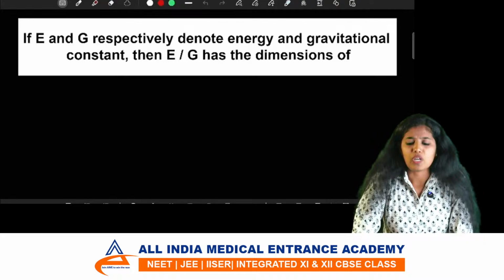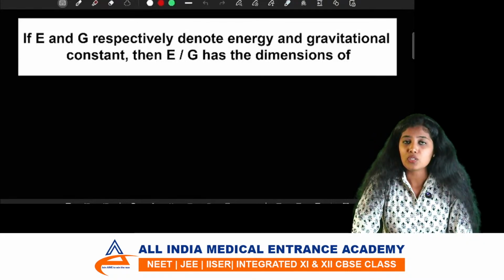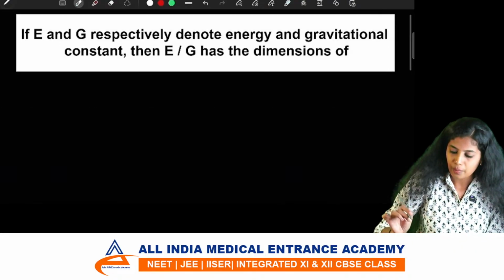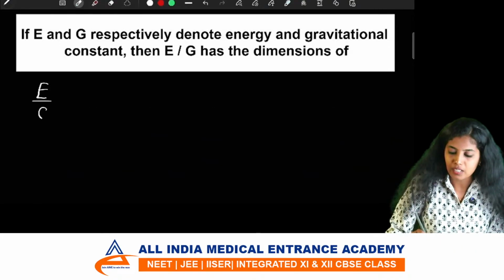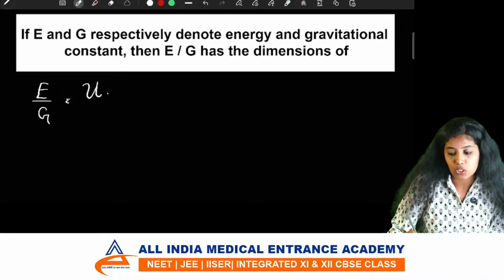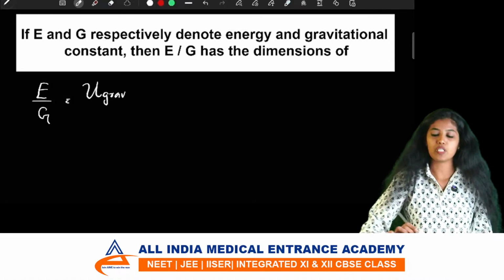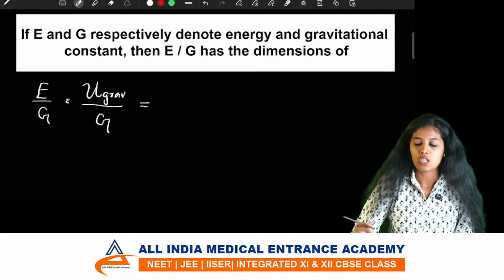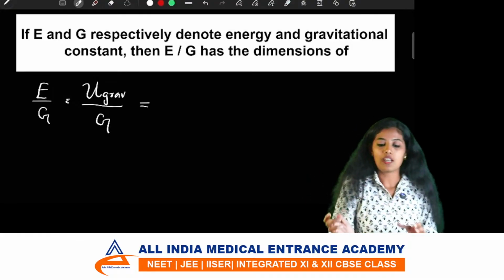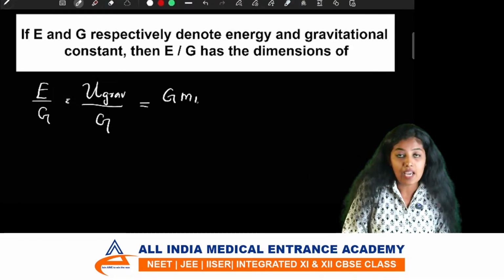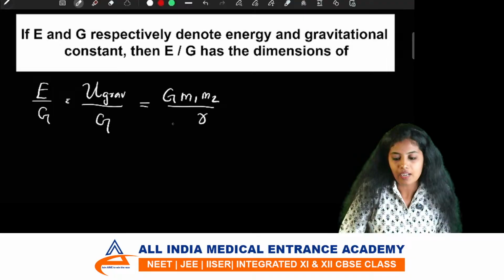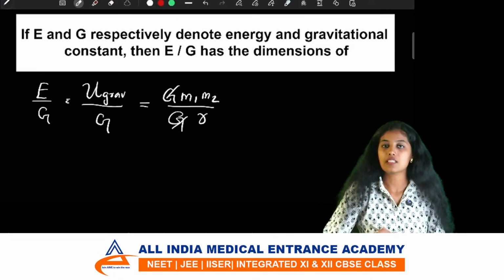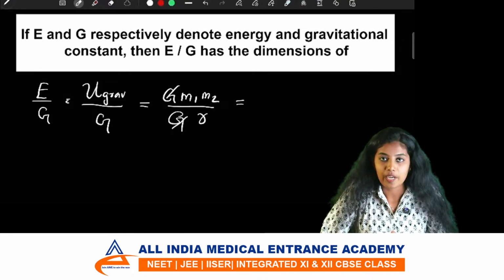Instead of energy, we can use gravitational potential energy, let me denote it by U, divided by G. We know that gravitational potential energy is G m1 m2 by R. In the denominator we have G, so G cancels and we get m1 m2 by R.